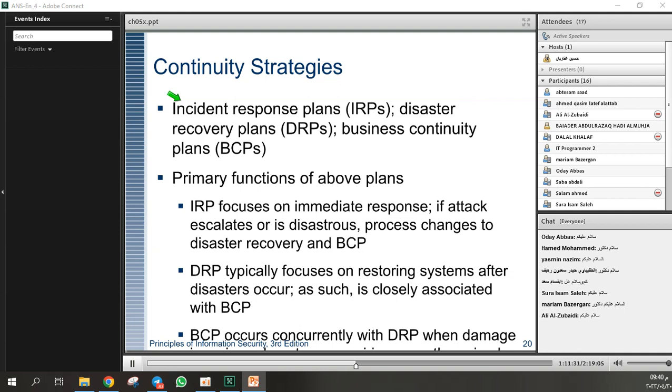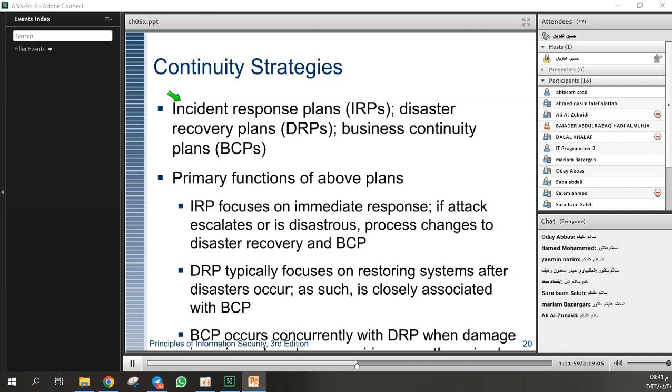But if that incident continues, it can change the situation and become a disaster. So I need a disaster recovery plan, or DRP.